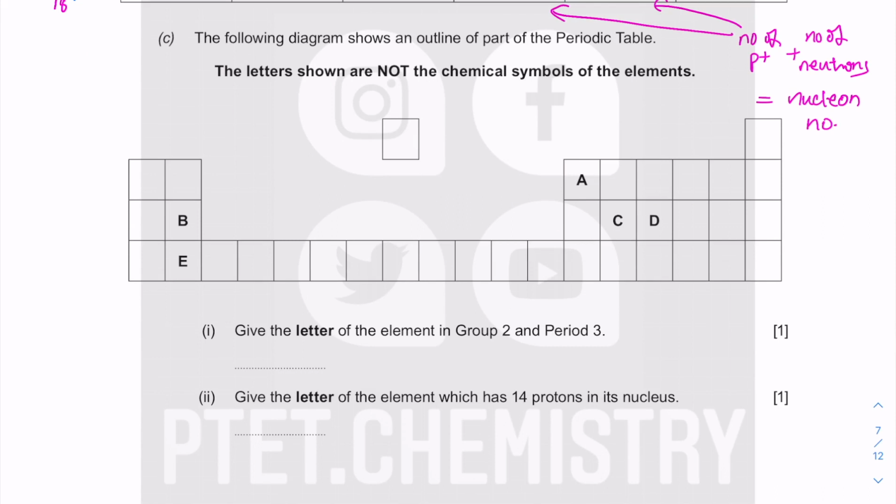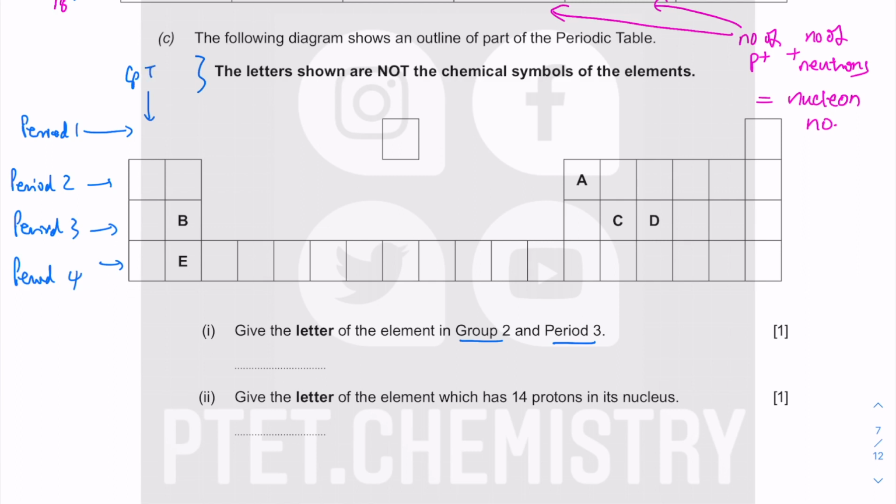C. The following diagram shows an outline of part of the periodic table. So be aware, they bolded this for you. These are not symbols of chemical elements. Give the letter of the element in group 2 and period 3. So this is the first row, this is period 1, this is period 2, this is period 3, this is period 4.